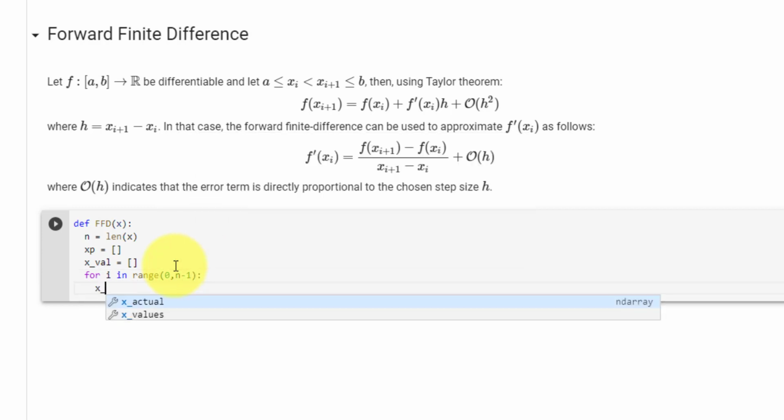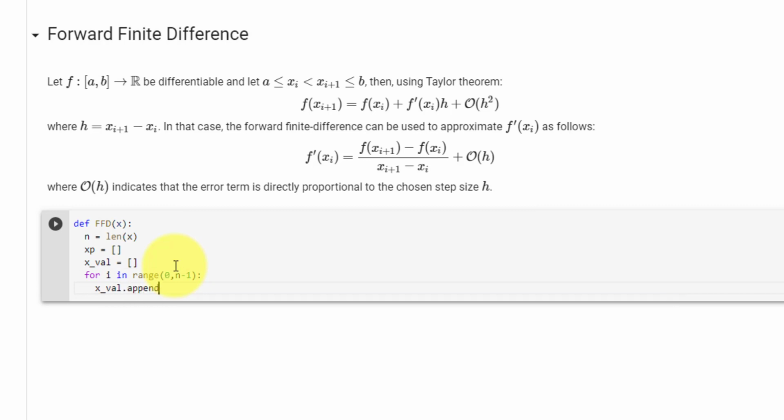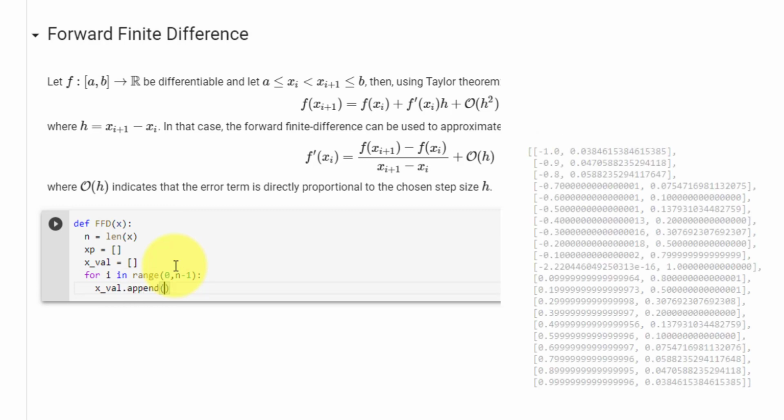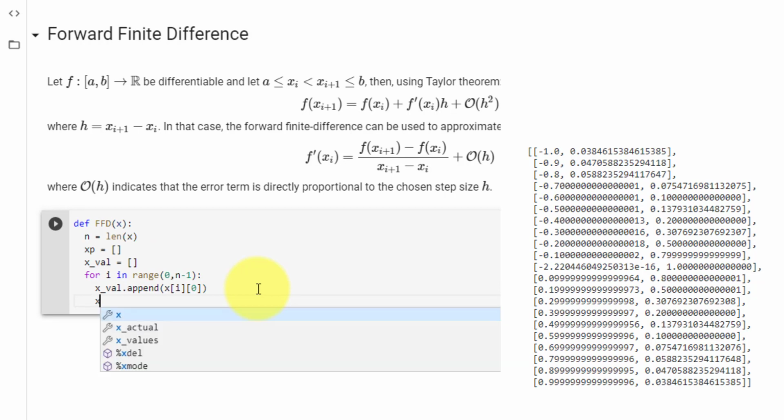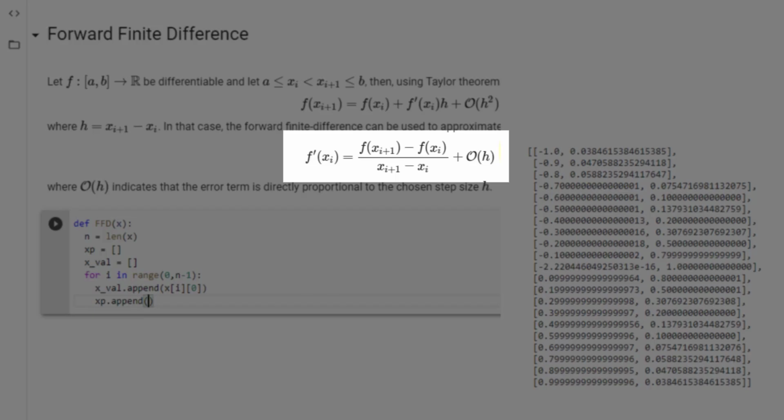First, we will append our x value to our xval list using xval.append, where the x value is x[i], which is our ith row, and the x value is at column 0. We must append the value of the derivative to xp using xp.append, where the derivative will be this formula, where the numerator is f at xi plus 1 minus f at xi.